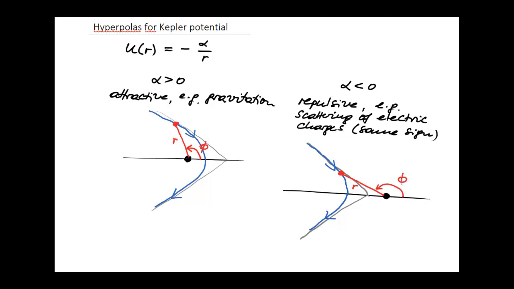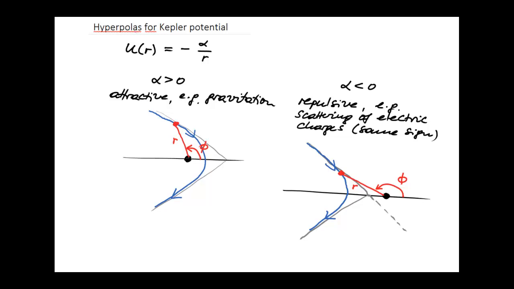We can extend this straight line that corresponds to the asymptotic motion of the incoming projectile. If we didn't have the scattering off the center of the potential, then the projectile would simply continue on this straight line.